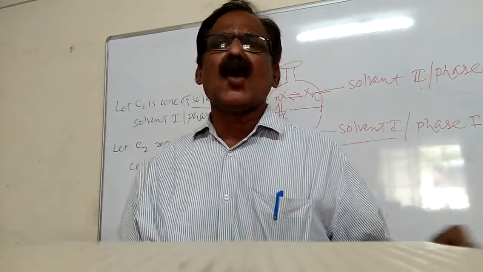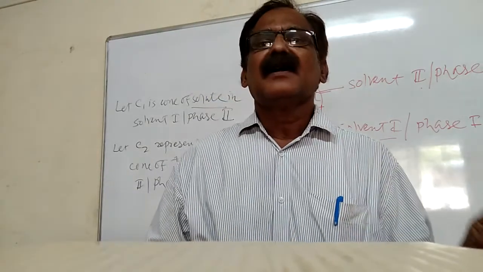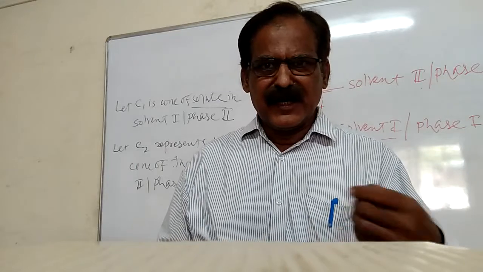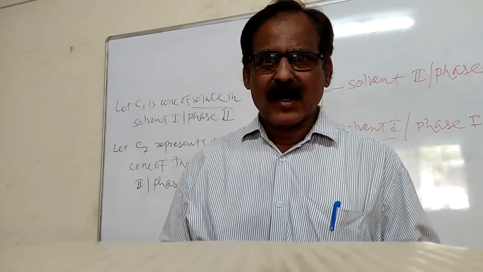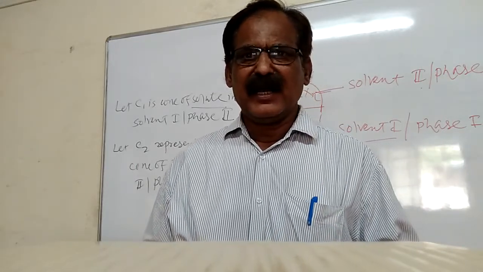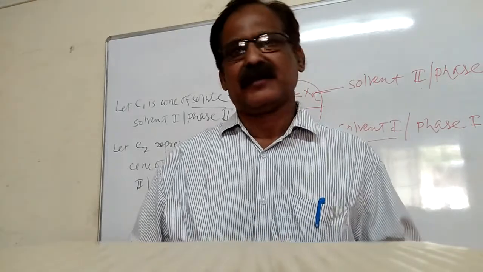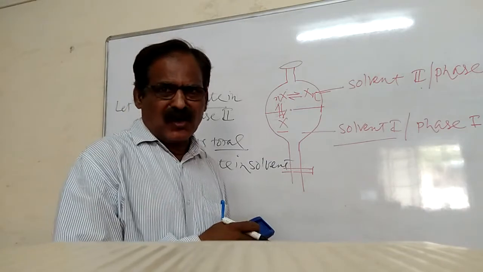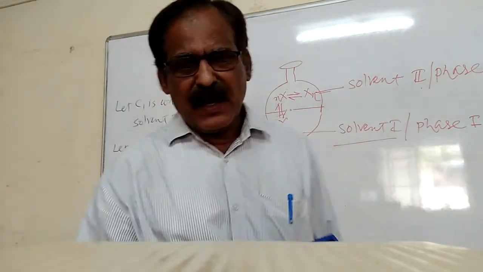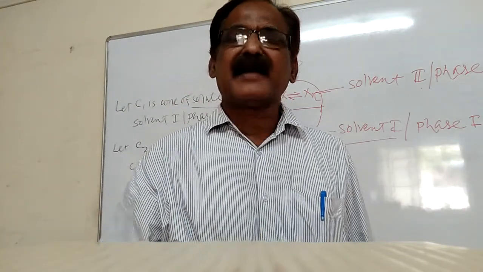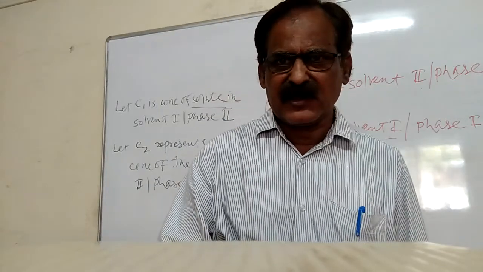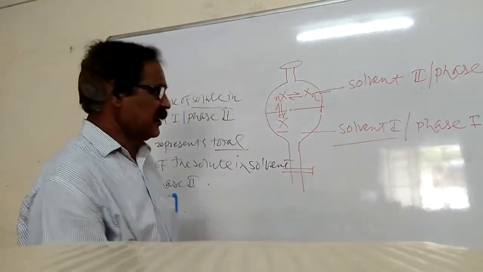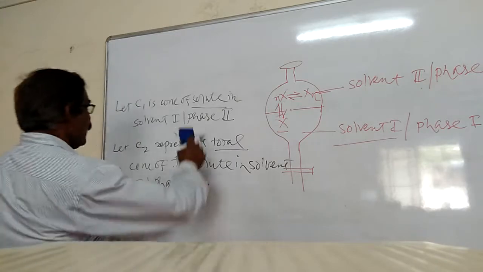Most of the single molecules which go into solvent 2 undergo association and form Xn, and a very small number of X molecules remain in the normal X state. Hence the total concentration of both X and Xn in solvent 2 is C2.